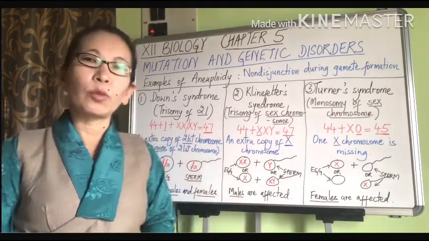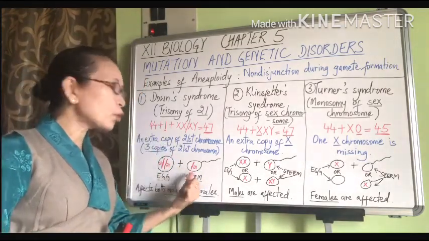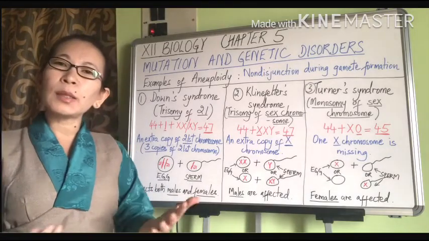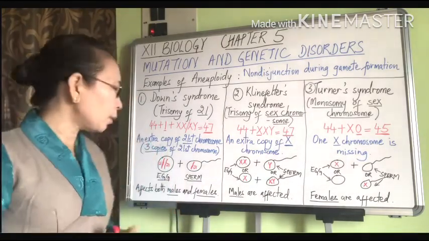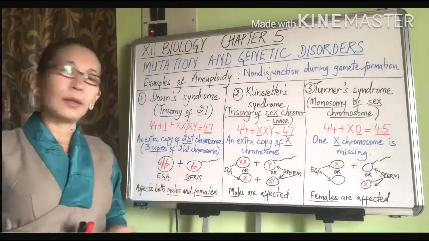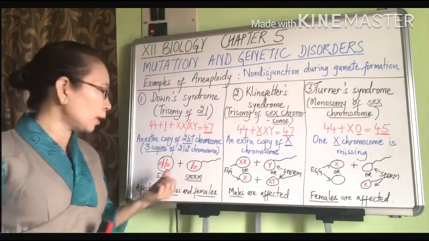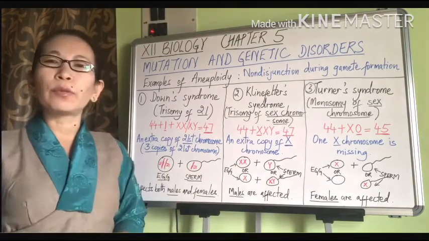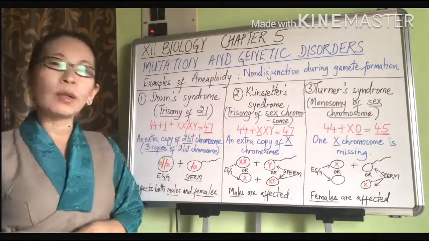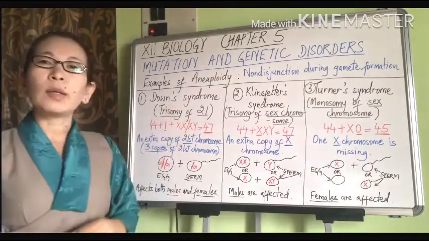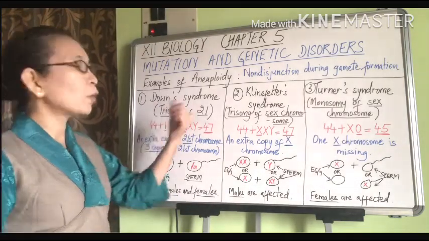Such an egg has fused with a normal sperm, and because there is also 1 copy of the 21st chromosome in the normal sperm, such a fertilization results in 3 copies of the 21st chromosome, and that is what we call trisomy of 21, or the condition considered as Down's syndrome.